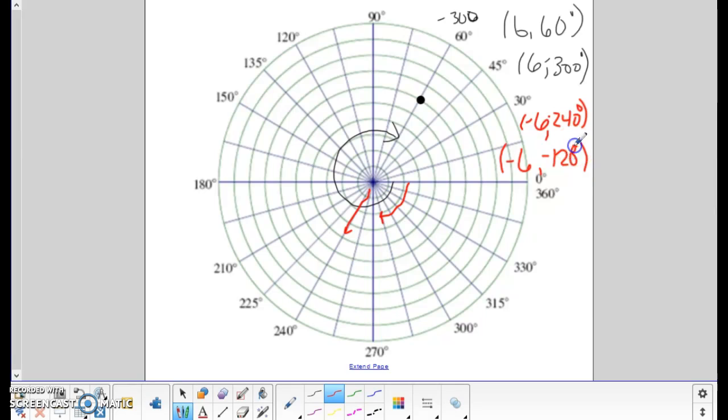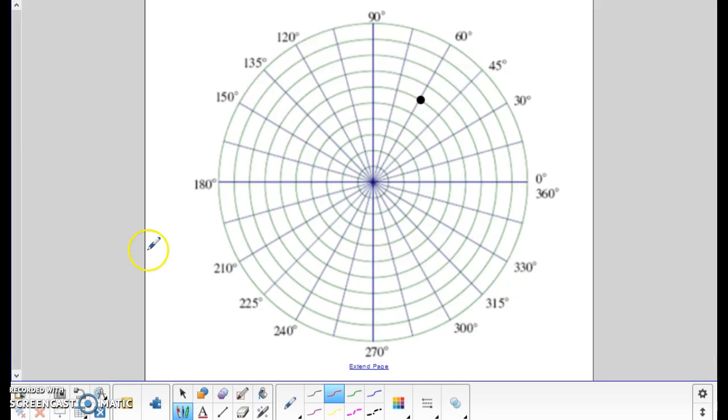You could also put all of these in radians. Like (6, π/3), (6, -5π/3), (-6, 4π/3), (-6, -2π/3).